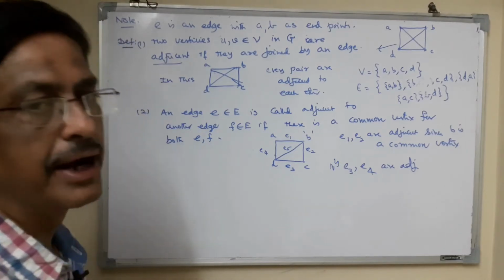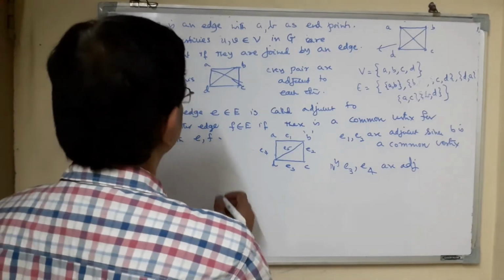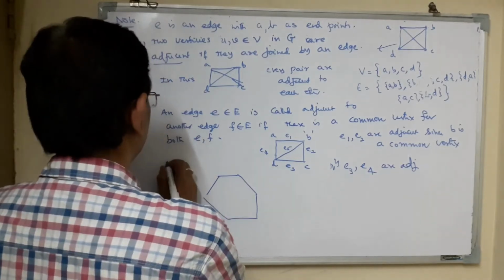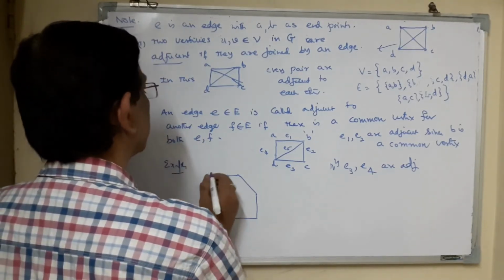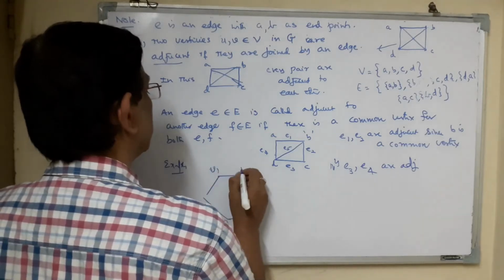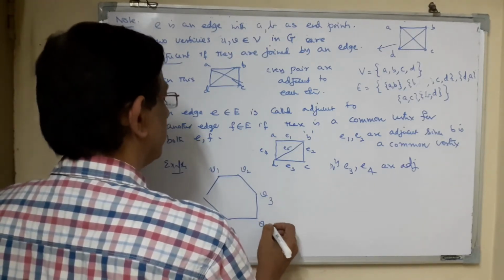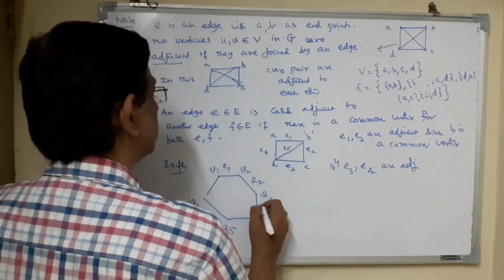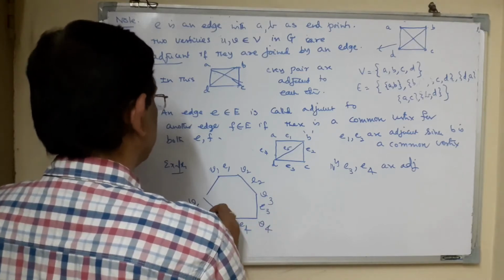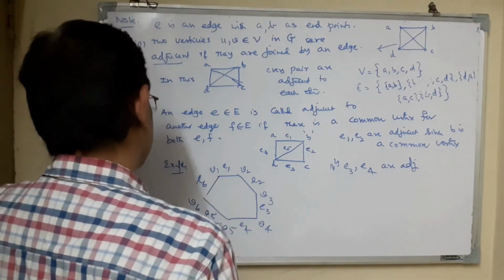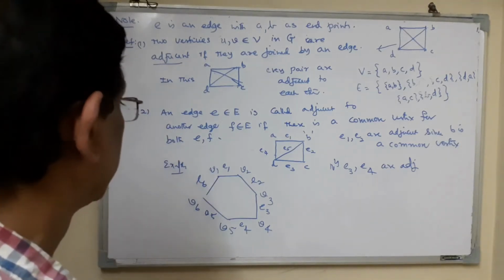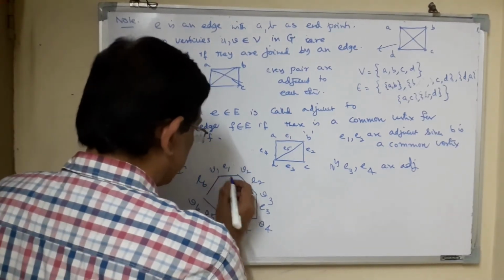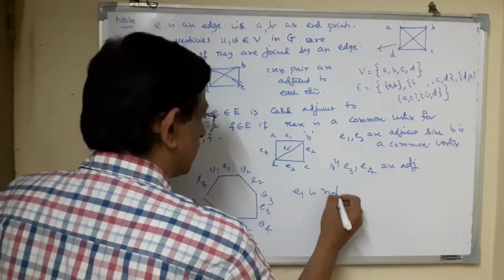Now, can we find edges without adjacency? Definitely. Look at this example. This is V1, V2, V3, V4, V5, V6, and E1, E2, E3, E4, E5, E6.